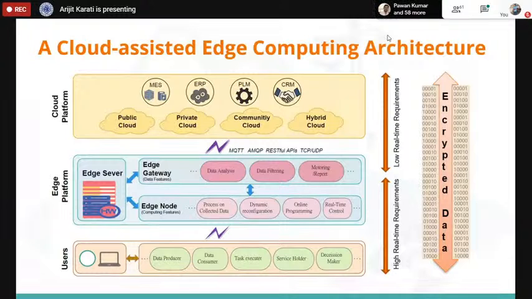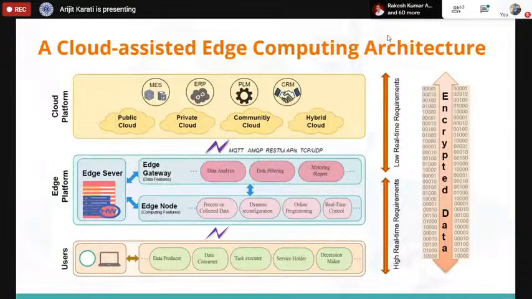Then why send that unnecessary data to the cloud? We typically don't know where the cloud server is. We just use our 5G or Wi-Fi connections, low bandwidth communication mediums, and send the data to the cloud. So what is the problem here? Sometimes we send unnecessary data from the user level to the cloud level.